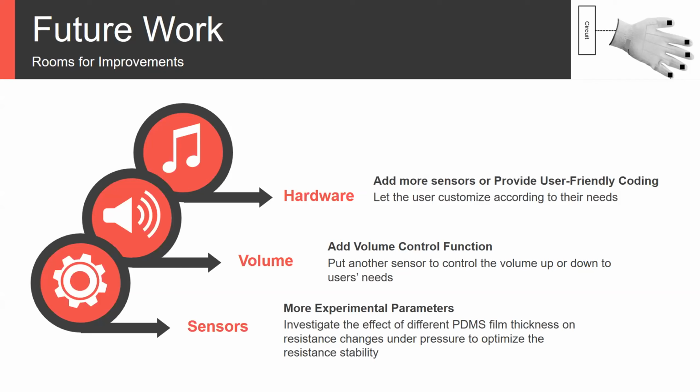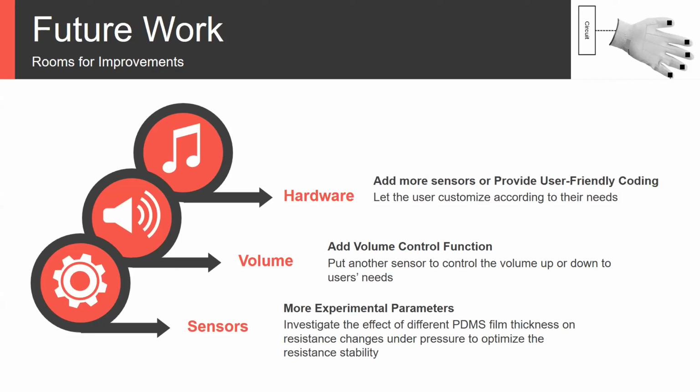And also for the volume, I just saw the previous group changing the volume like this. So I think we can also add volume functions if we put another sensor to it. And also maybe a better loudspeaker, with hi-fi, for good sound and music.